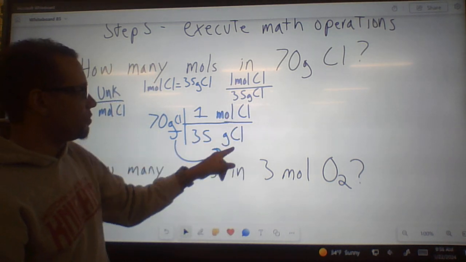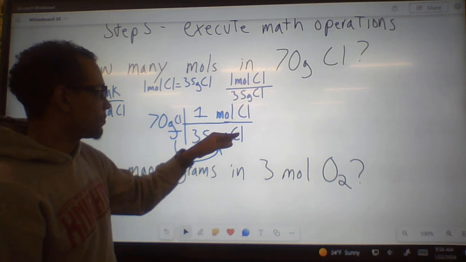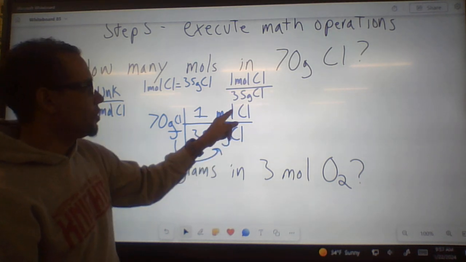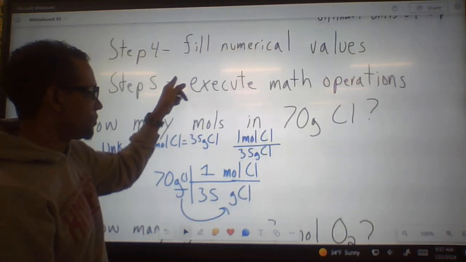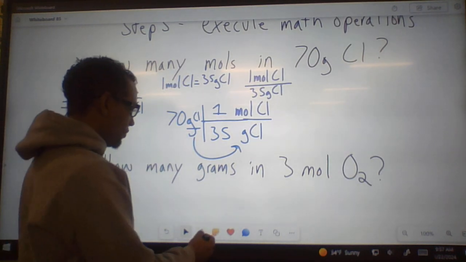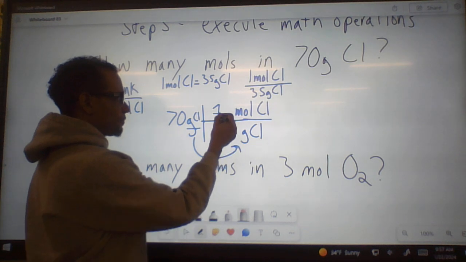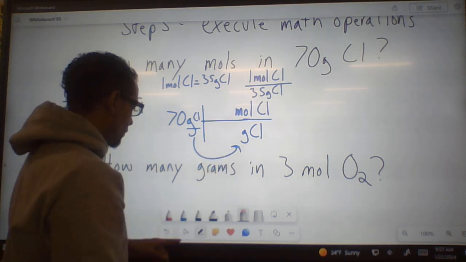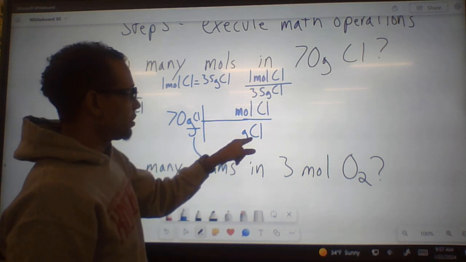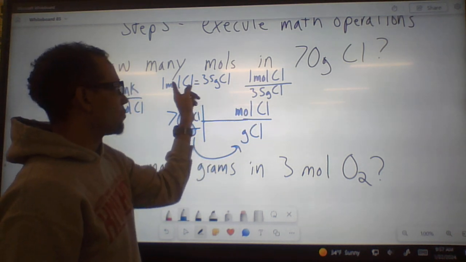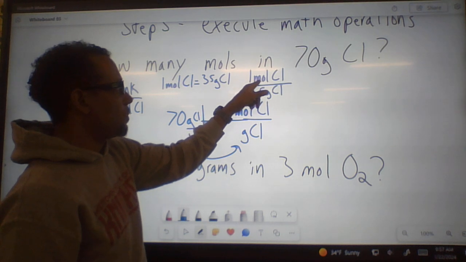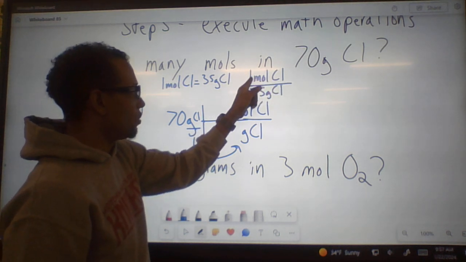So once I get my units in here, grams of chlorine at the bottom, unknown units at top, now we just fill in numerical values. Again, given units at the bottom, unknown units at top. Now I just use this ratio. So 1 mole of chlorine, this one goes with mole of chlorine.